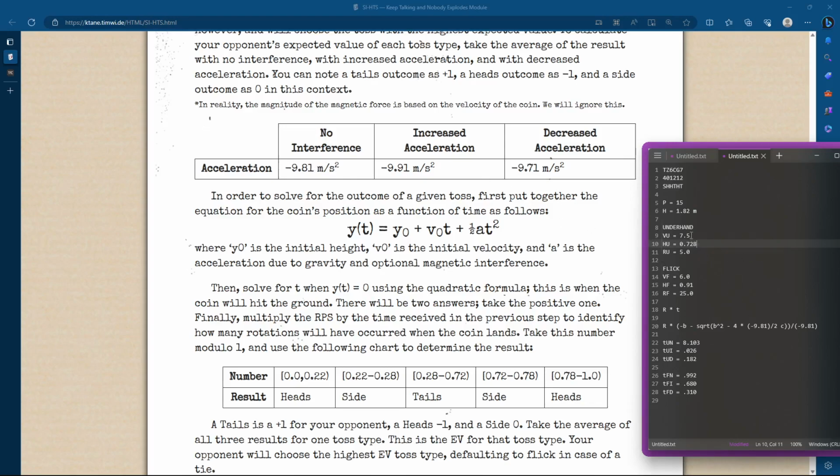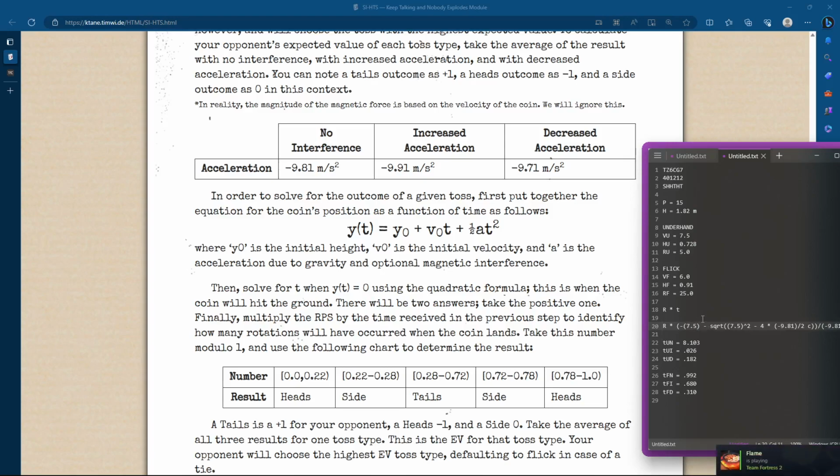So our velocity from underhand, VU, is 7.5. So let's replace stuff here. Let's add our 7.5 here. And then where do we have another b? We have another one right here. So let's do a 7.5 there.